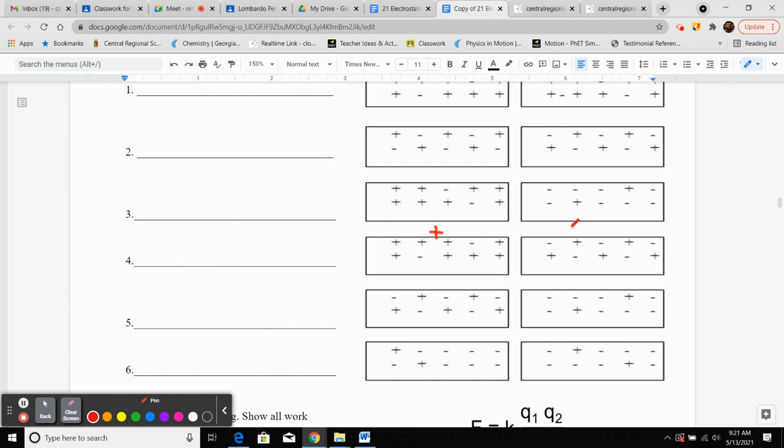What would that be? Neutral. So I'm just going to write a lowercase n here. And a positive and neutral object, if they are brought near each other, what is it going to be? Attraction.